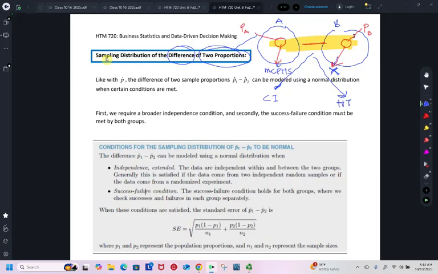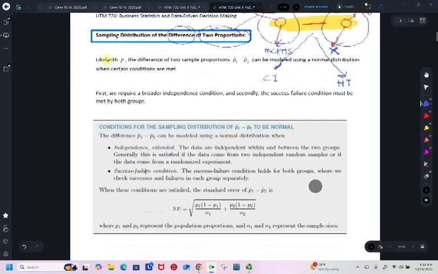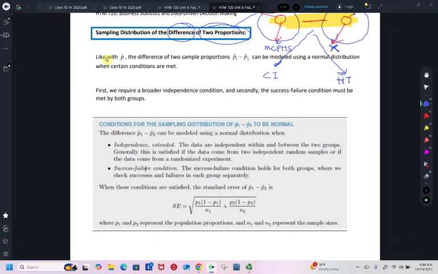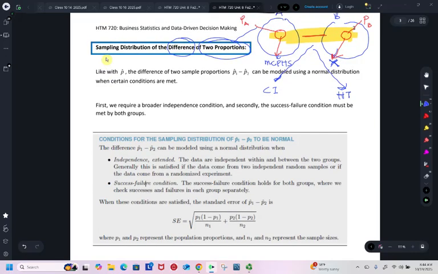Now, we're going to start with looking at the underlying assumptions behind estimating the difference between two proportions, either using confidence interval estimation or hypothesis testing. That will be one, independence extended, which requires that the data must be independent within and between the two groups.